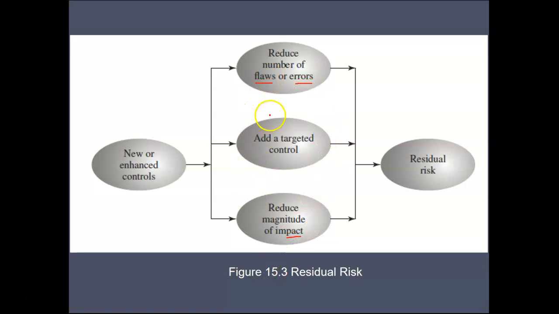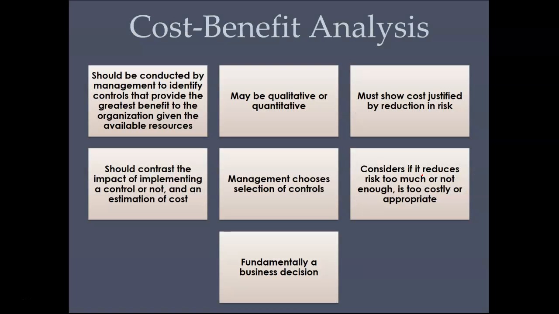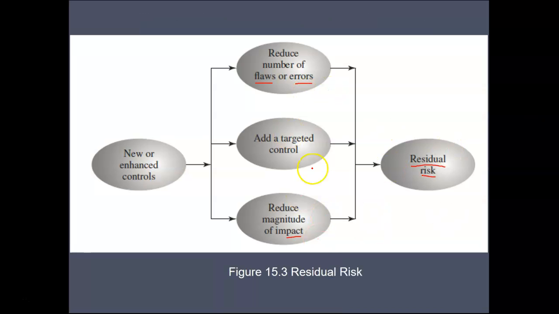We are trying to do this, but after we have done this, we still have residual risk. In Arabic, we say residual, يعني المتبقي. Okay, so after we apply new control, we still have residual risk.